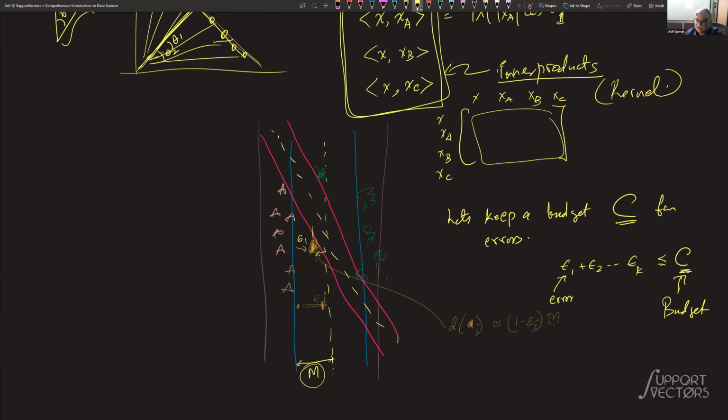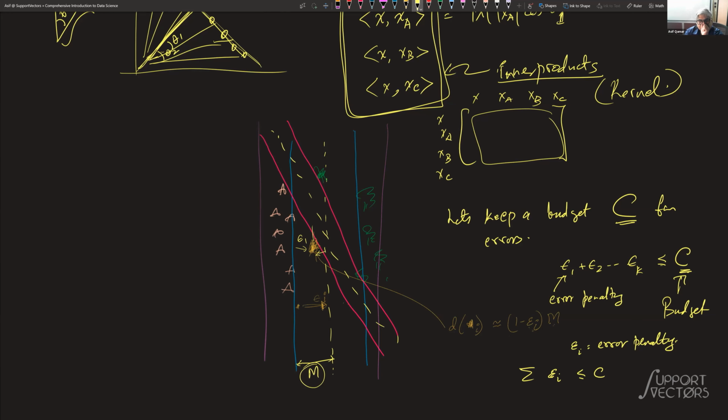The error penalty that you are facing. So epsilon i is the error penalty. Effectively, you can think of it like that, right? And you say that the sum total of epsilon i has to be less than or equal to C.